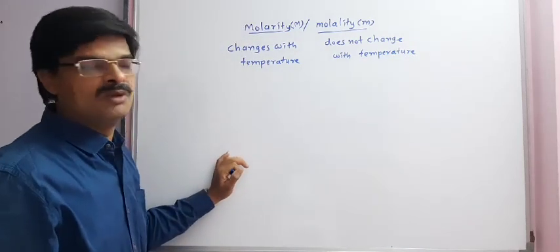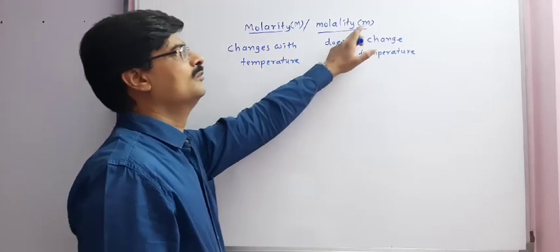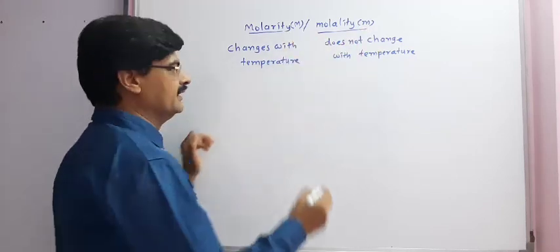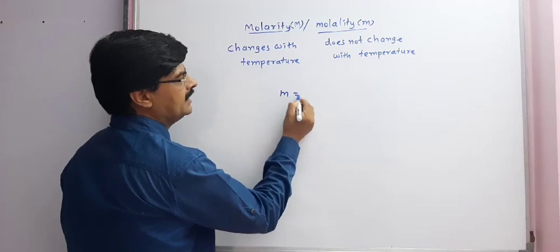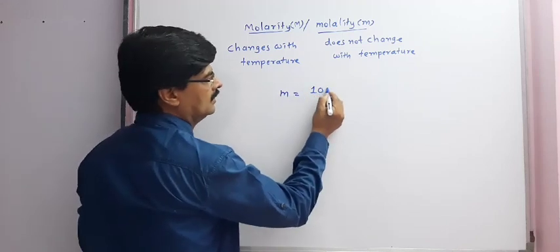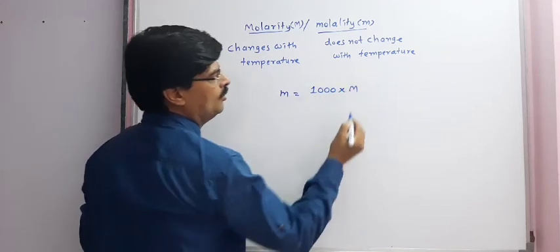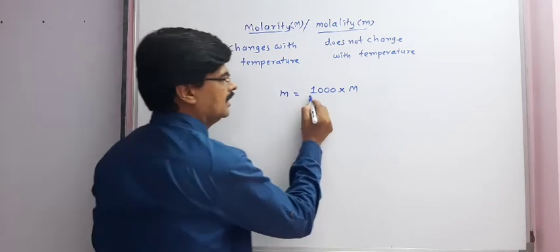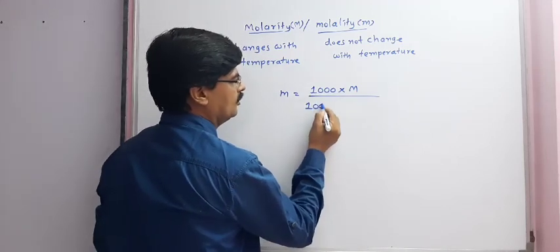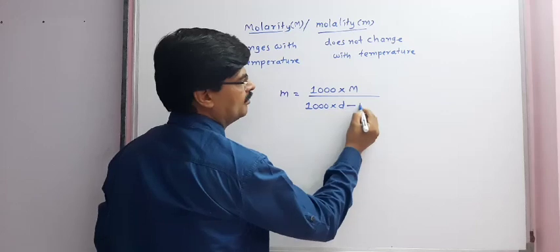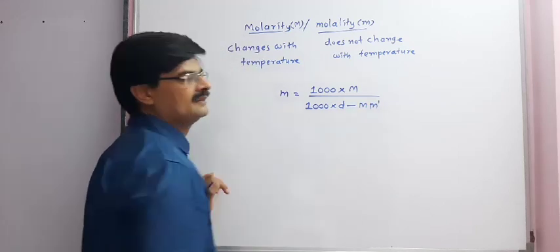Also, we have to know one more formula relating molality and molarity. Molality is equal to 1000 into molarity upon 1000 into density minus m dash.